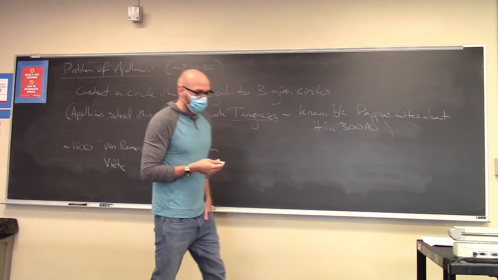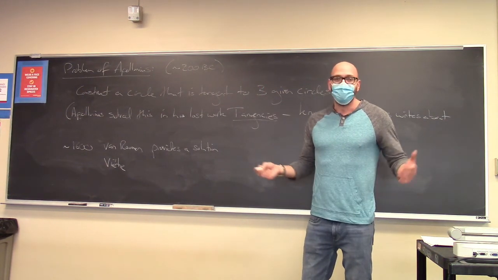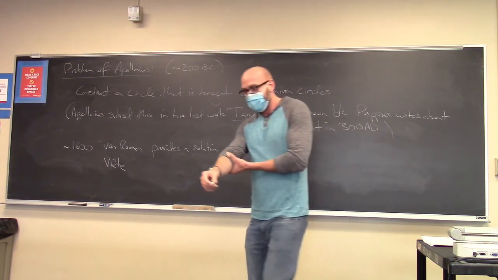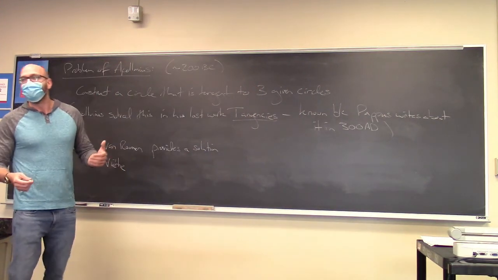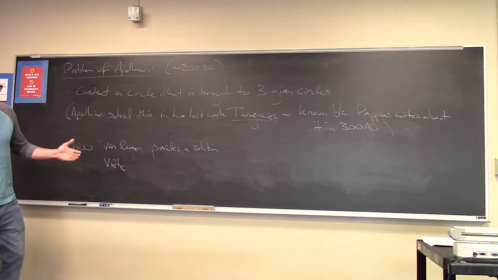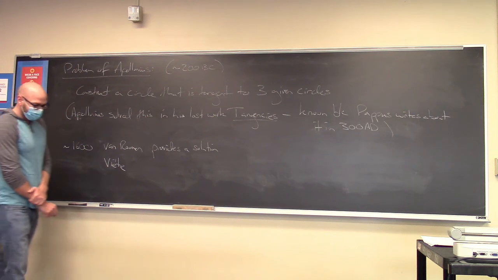In fact, the story goes something like this. Van Roomen had some problem that I don't think was actually very difficult, but he posed it to all the mathematicians of Europe, except France. Don't know why, but he just left any French mathematicians completely off the books.